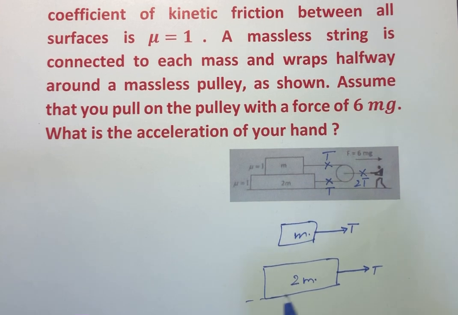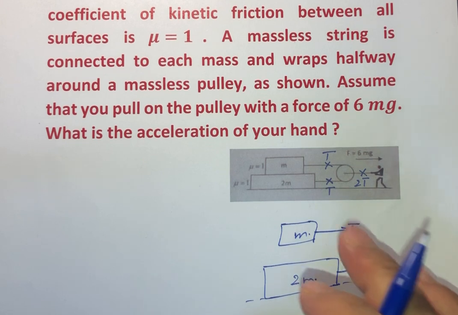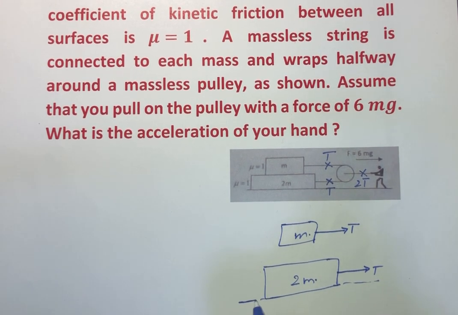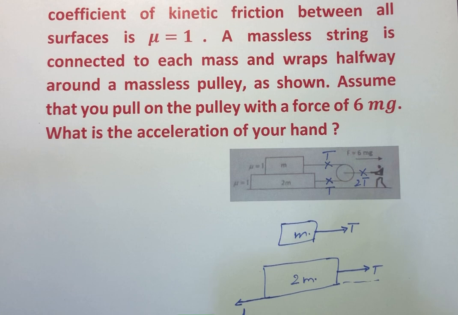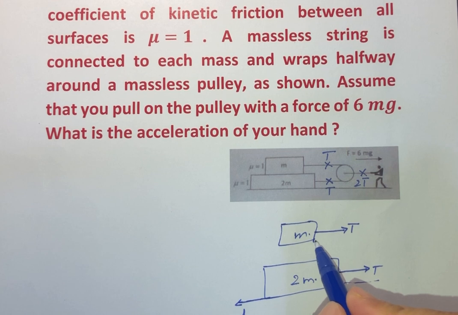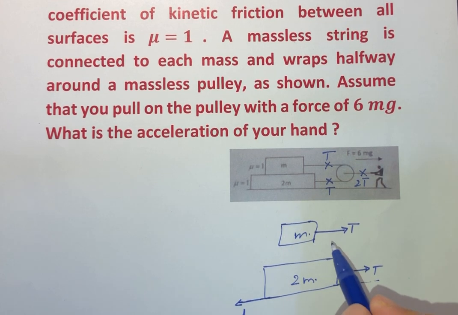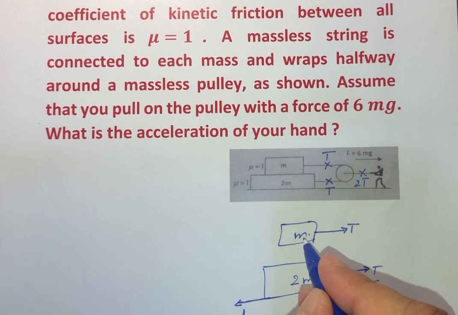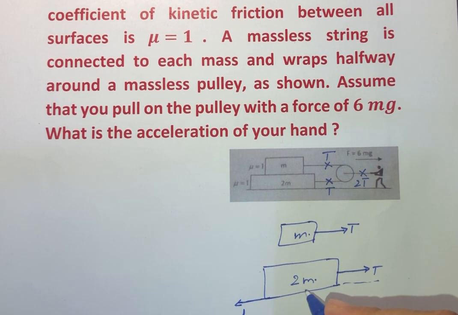And this is our base. Mass 2m, everything will be moving towards the right side, so there will be a frictional force. Let us call this FR2, and this 2m will try to move. Now there will be a frictional force between m and 2m.